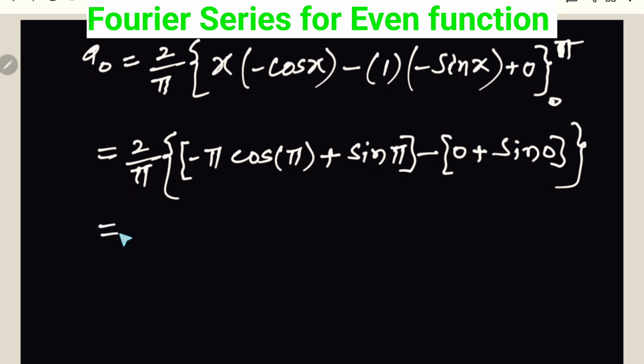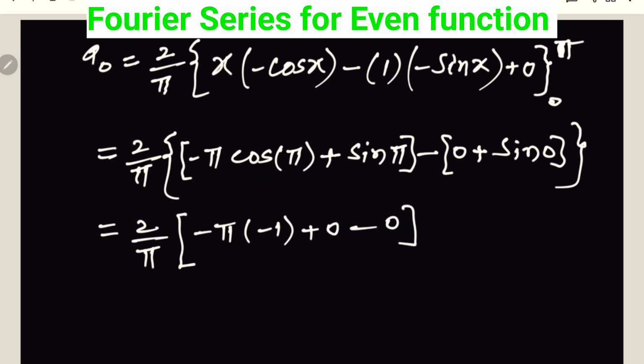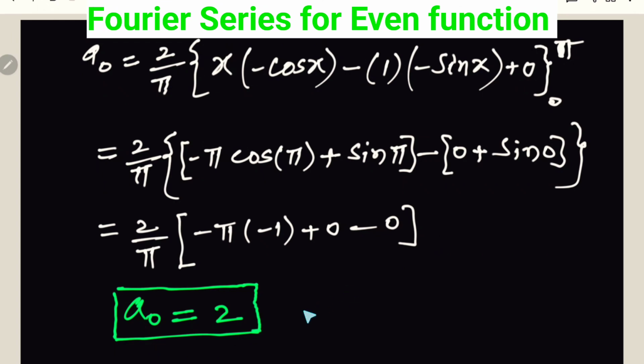Simplifying further, we get 2 by pi. The value of cos pi is minus 1, and therefore minus pi into minus 1, sin pi is 0, pi gets cancelled, and we get the value of a0 as 2, equation number 2. This is the first Fourier coefficient.